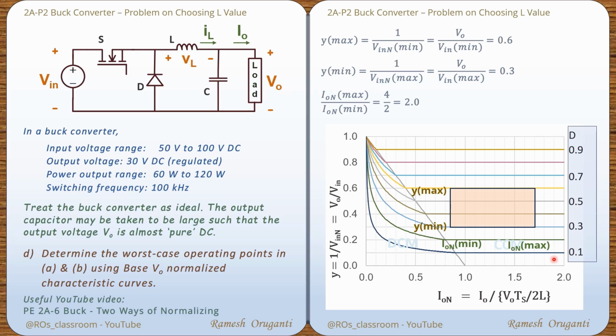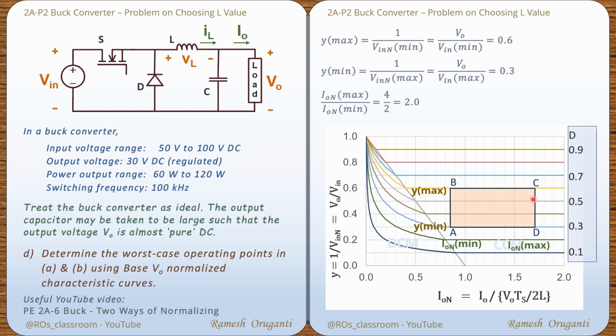As the current varies, the operating point will move from ION minimum to ION maximum. This rectangle represents all the operating points of this converter. ABCD is the rectangle. The complete characteristics that are plotted show all the possibilities with a buck converter, whereas in this design, we are only using this particular range within this rectangle.